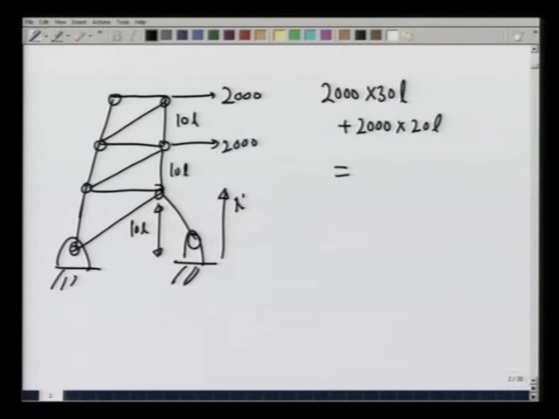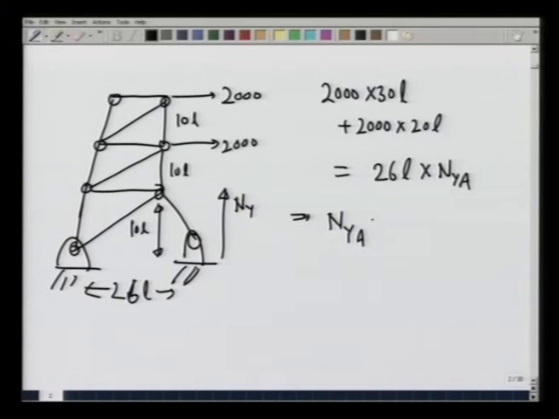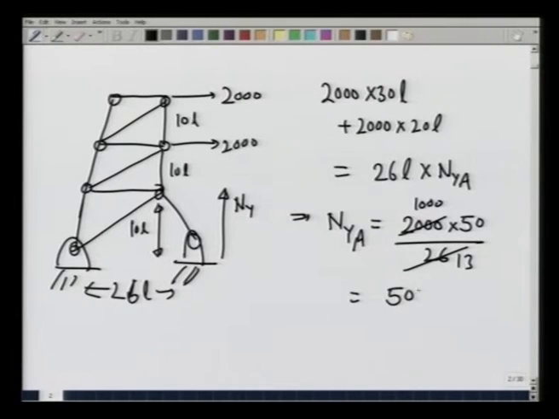should be equal to N A y, 26 L times N A y at A. And this gives me N A y at point A equals 2000 times 50 divided by 26, that is equal to 50,000 over 13 newtons in the direction shown.